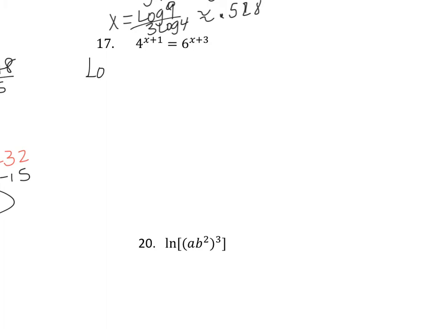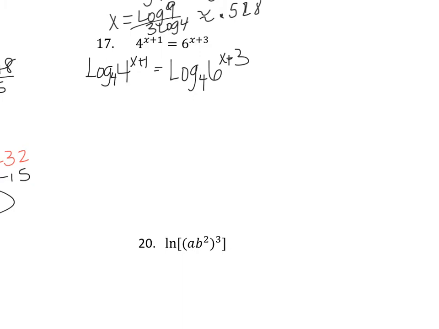So log base 4 of 4 to the x plus 1 equals log base 4 of 6 to the x plus 3. Now the benefit of using a log of a specific base is that we end up with only one real log factor here, and there's not as much distributing.